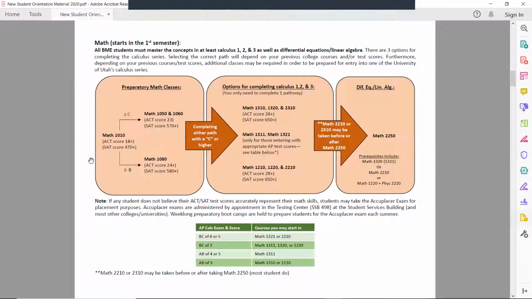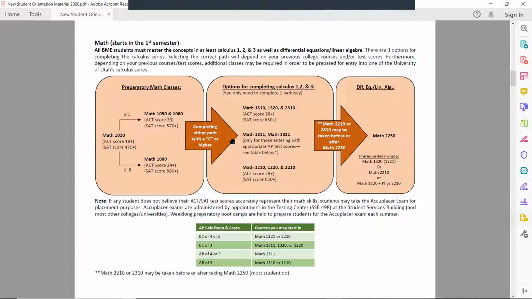You could be placed into Math 1010. As you can see, if you scored an 18 or higher, then you can go into 1010. If you score below an 18, then there's a remedial math class you can take to get up to that point. There's also the possibility of taking AccuPlacer exams to overcome almost all of these and get to higher levels. So if you feel like you're getting placed into a class that is below where you were in high school, typically the remedy to that is to take an AccuPlacer exam and go down that path.